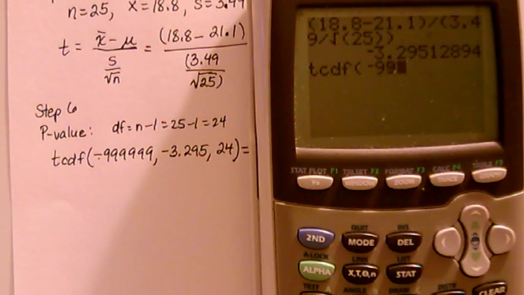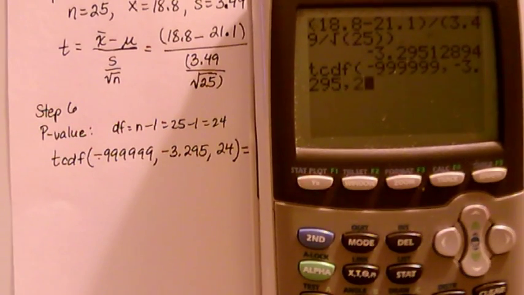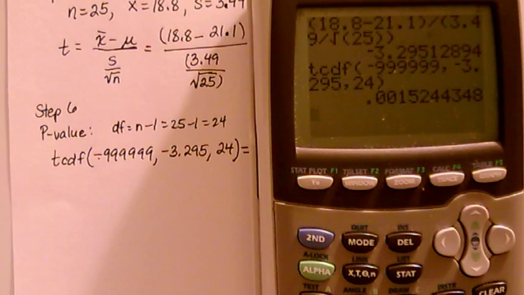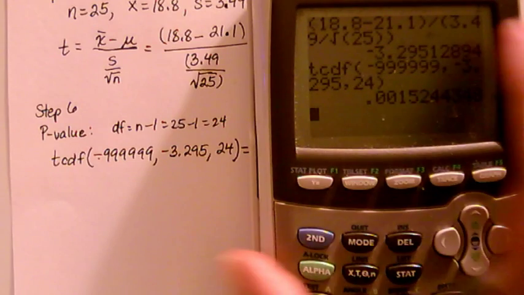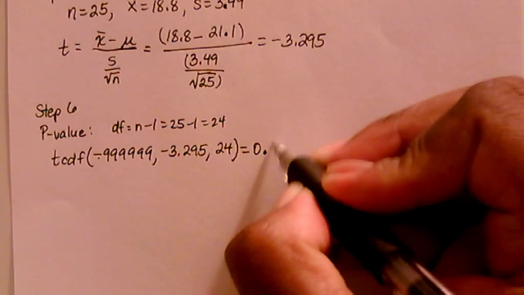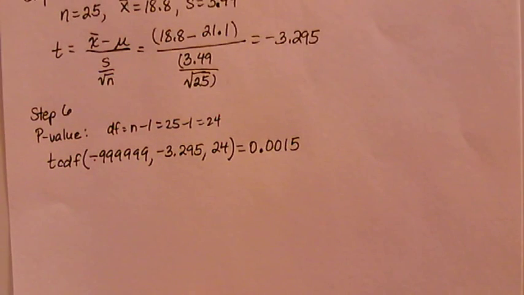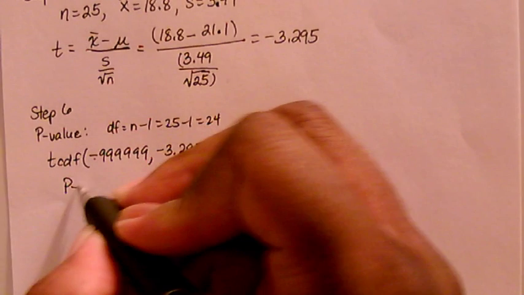And then negative 999, comma, negative 3.295, comma, 24. Hit enter, and that's going to be 0.0015. It is a left tail test, so that means that's going to be your p-value right there, 0.0015.